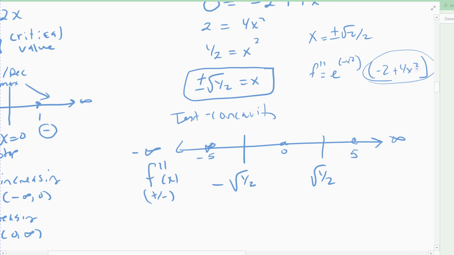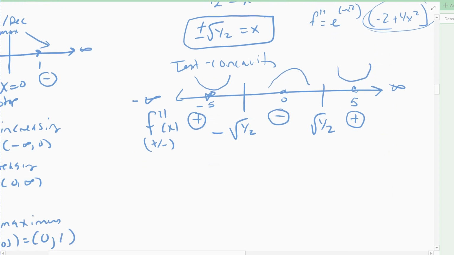Because the square will make the negative a positive. So this is going to come out 25 when I plug 5 in, times 4, so 100, minus 2. Well, that is going to be positive. So this comes out positive, and that means this comes out positive. When I plug 0 in, I'm left with a -2. Well, that's obviously negative. And so concave up, switched, concave down, switched, concave up. And so there's my results.